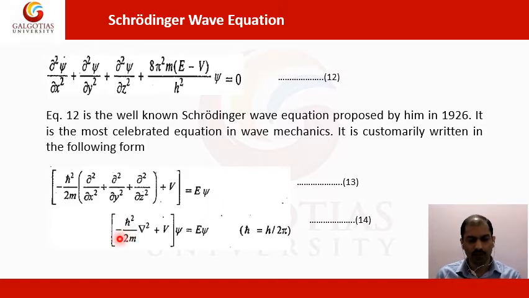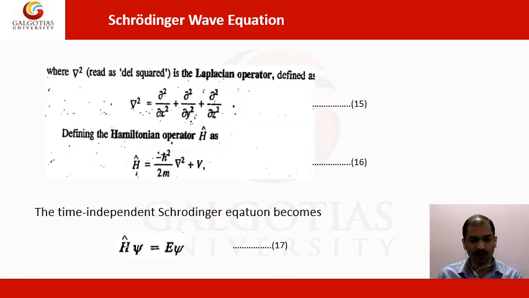So minus h cross square upon 2m into del square plus V, into psi, equals E psi. Here this del square is replaced with del square upon del x square plus del square upon del y square plus del square upon del z square.